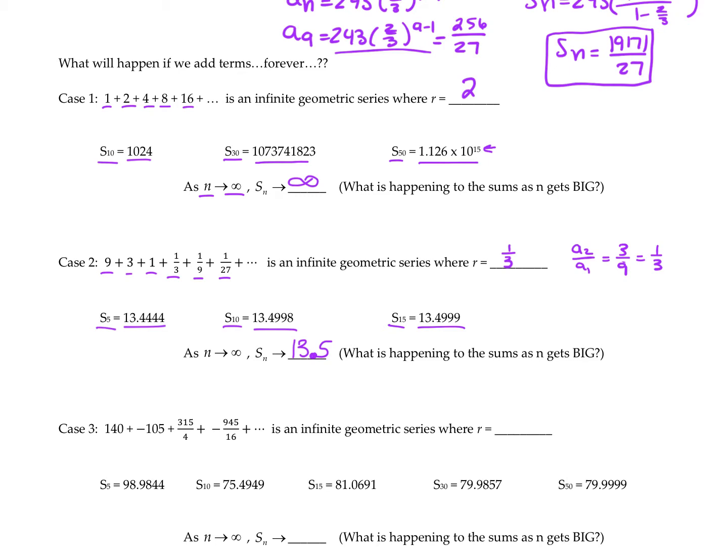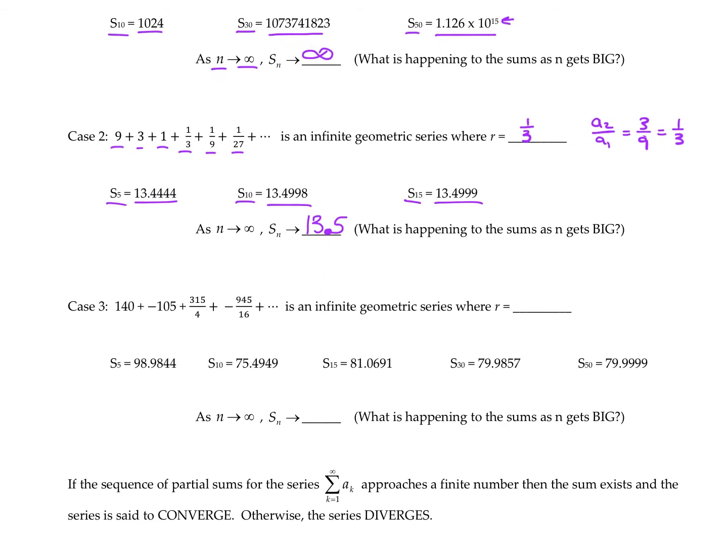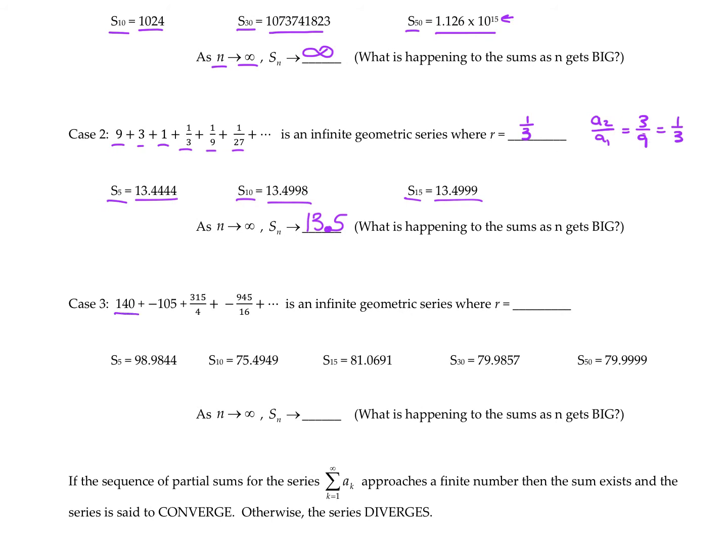All right, let's look at one more case. So let's say I have this case, 140, negative 105, 315 over 4, negative 945 over 16. So again, to find that common ratio, I could do A2 divided by A1. So if I did negative 105 divided by 140, I would get negative 3/4 as my common ratio.